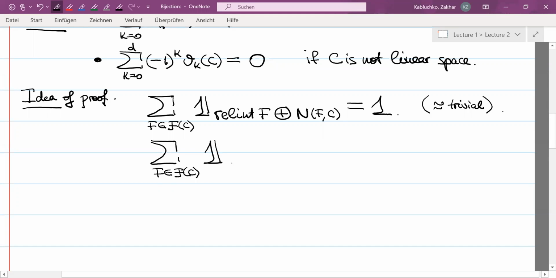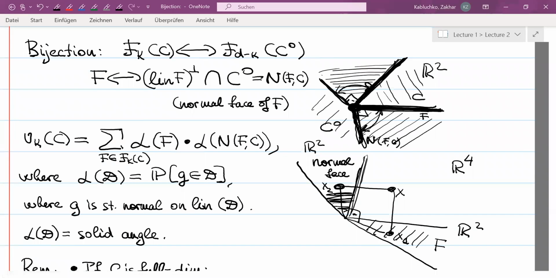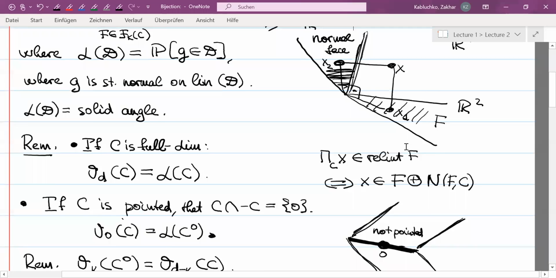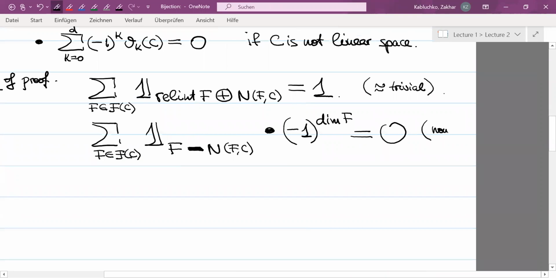If we take the face F, now without relative interior, and if we subtract the normal face of F, which means that now we take not this one, but we reflect it with respect to F and take it on the other side, and we do it in the alternating way with (-1) to the power dimension of F, then the claim is that this is everywhere 0. This is a non-trivial relation.